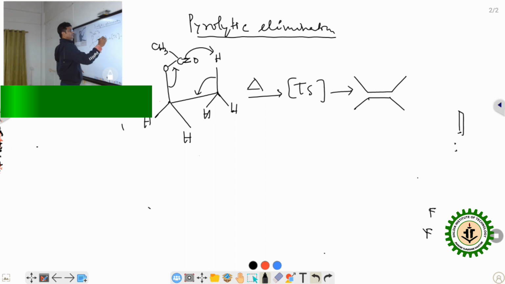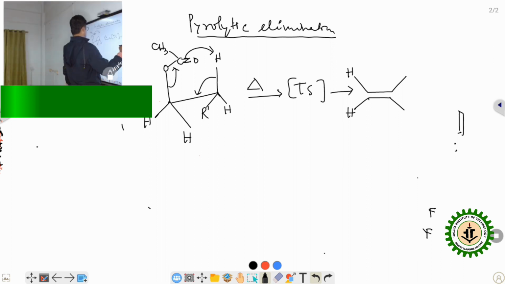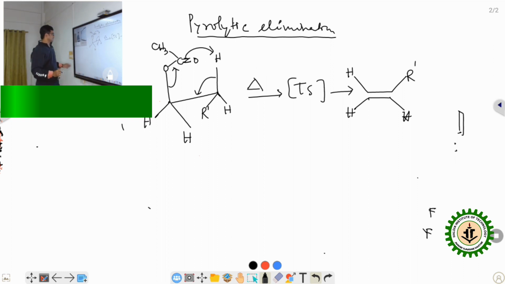This will be on heating. This alkene is formed.